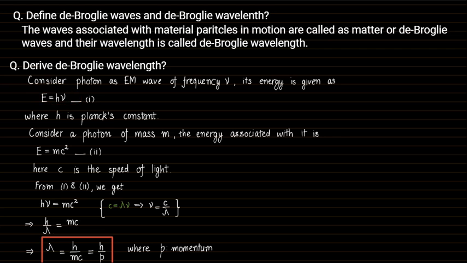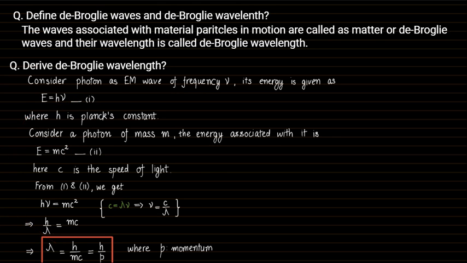And if you have a particle or any body, then its mass energy equivalence is E equals mc squared. So this one represents the energy for a wave and this one represents the energy for the particle. Using these two energy expressions for the wave and the particle, we have derived the wavelength expression.